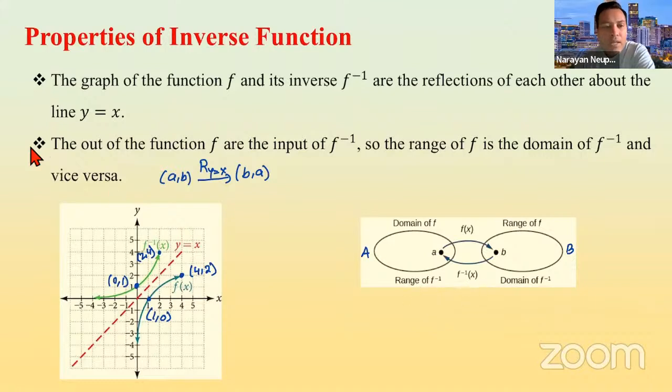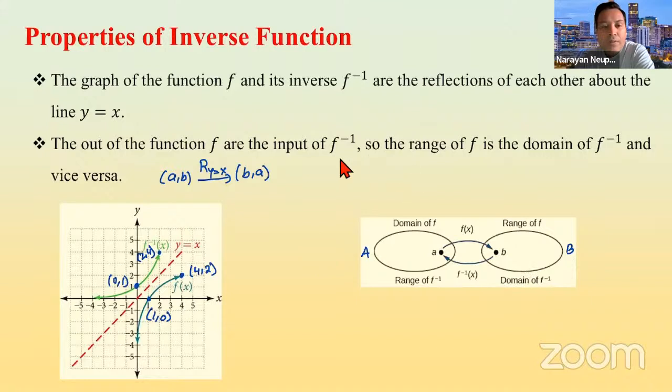So the output of function f, which is set B, is the input of the inverse, because the inverse is defined from B to A.